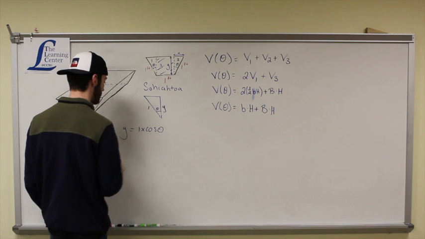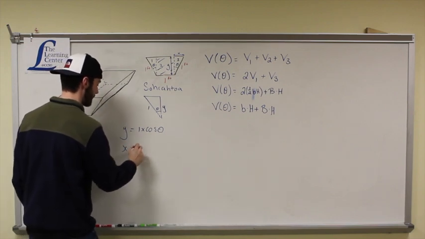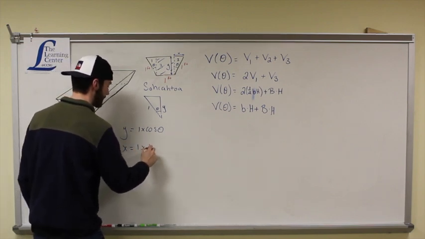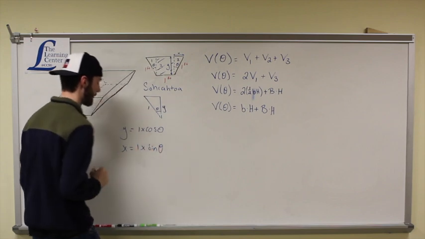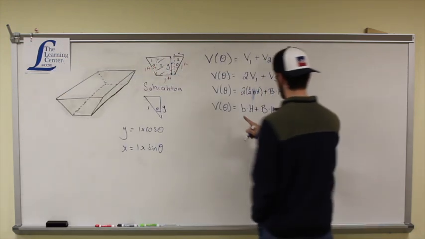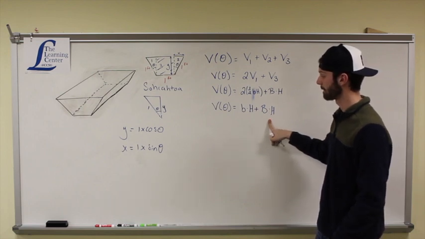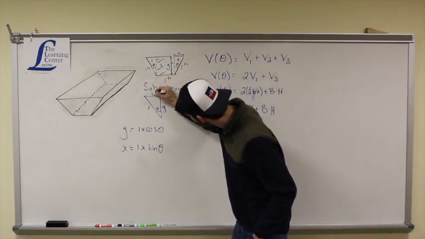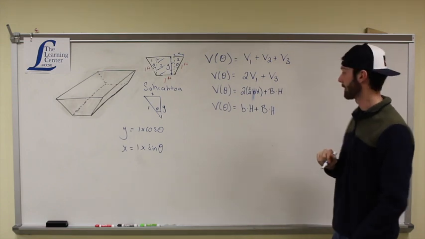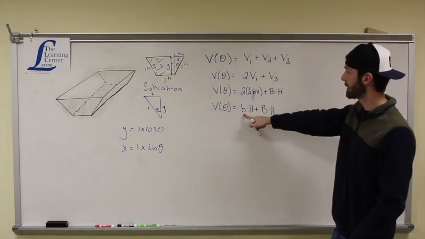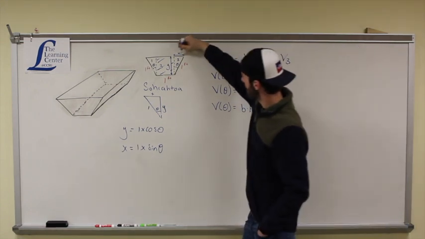So that's what y is equal to. We know x is going to be the hypotenuse times sine of the angle. So now we have the sides and we can fill in b and h. What is x? X is this side right here, that triangle.